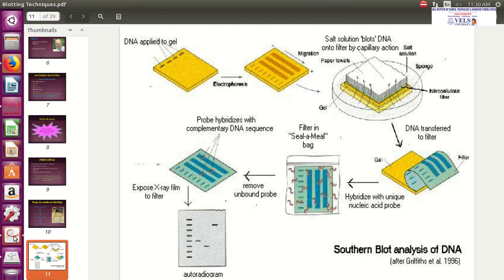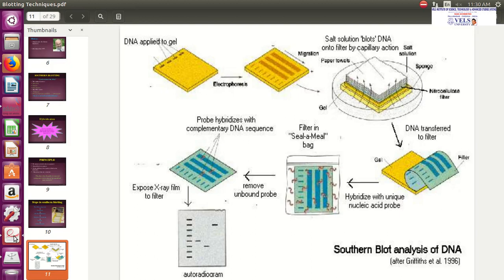and the filter will undergo hybridization. This is a very, very important phenomenon in Southern blotting. Here hybridization is done with a unique nucleic acid probe. See this figure: it will be sealed in a bag.